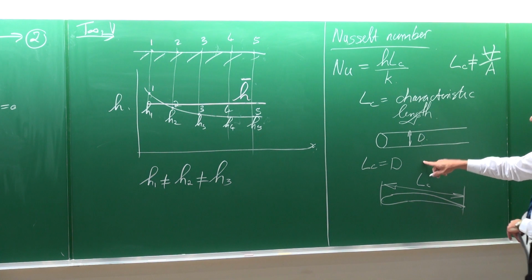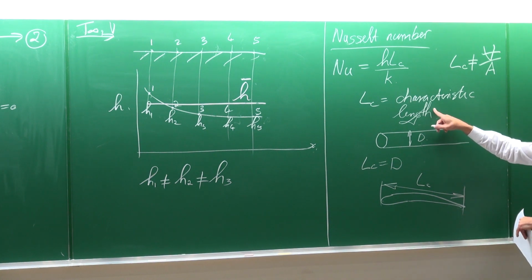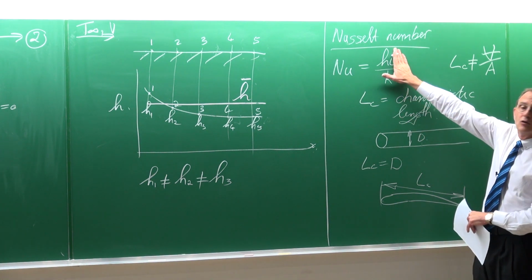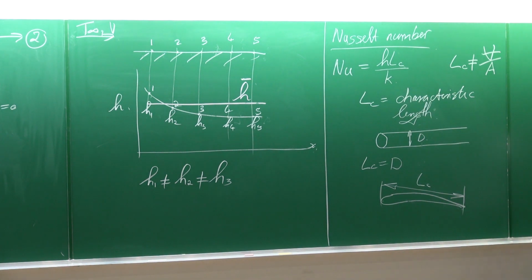So the characteristic length is always given normally when the heat transfer coefficients are given. So again, it is in the fine print where you need to get the necessary information.